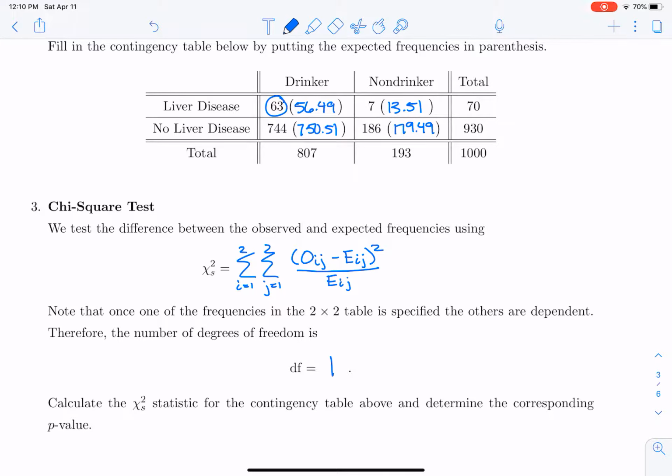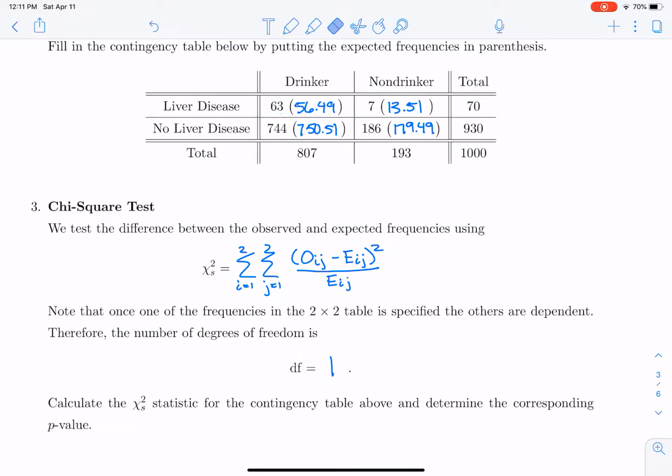I have to add 7 to 63 to get 70. I have to add 744 to 63 to get 807. And once I've determined 63, 744, and 7, I can use either the row total or the column total to tell me that the last one has to be 186. So once I have the number of drinkers with liver disease, 63, the other three are determined if I know the row and column totals.